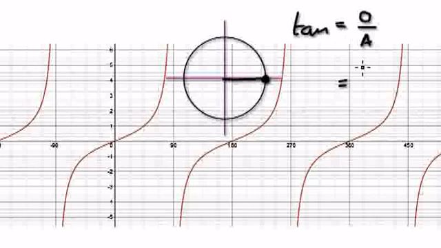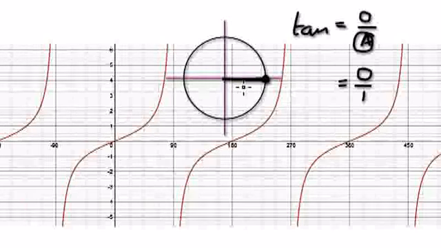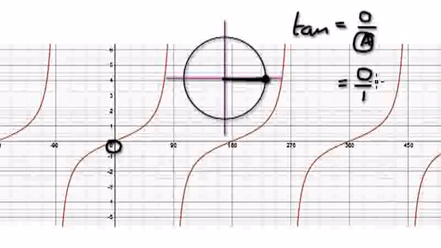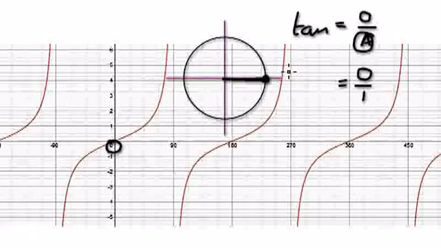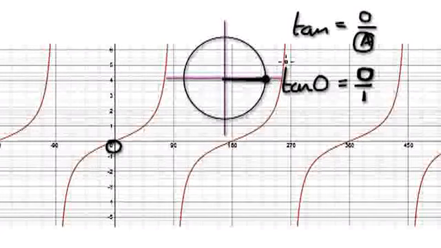Then the adjacent here is actually 1. So when the angle is 0, tan of 0 will be 0 divided by 1, because at this point the height is 0, the width is 1.